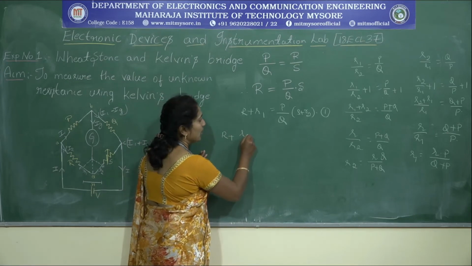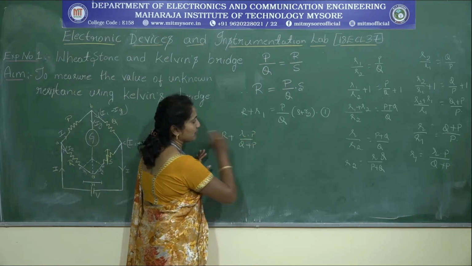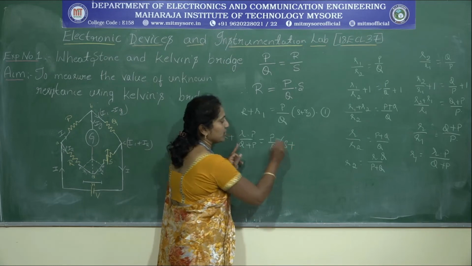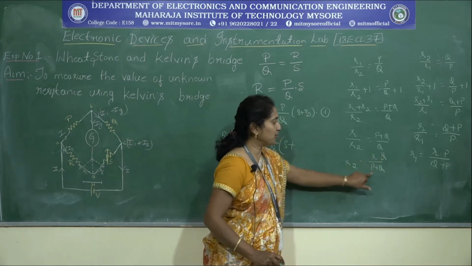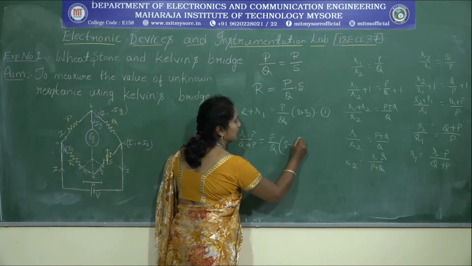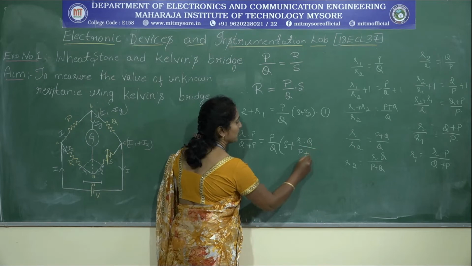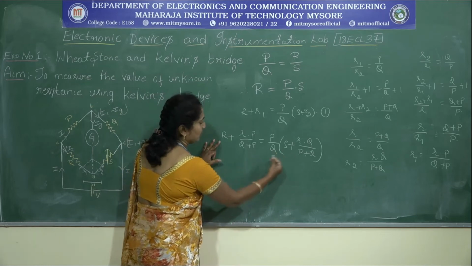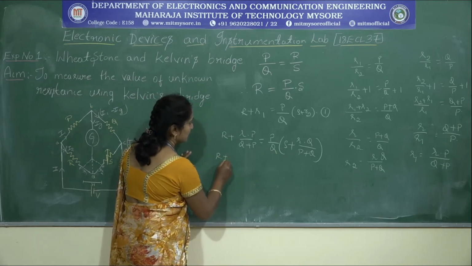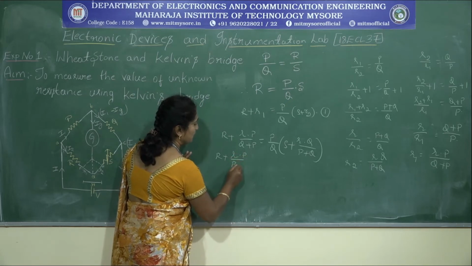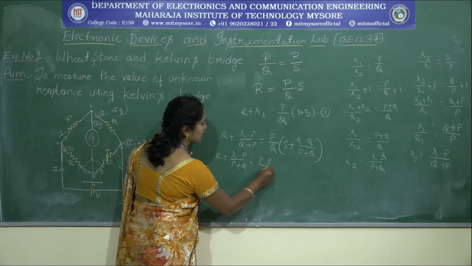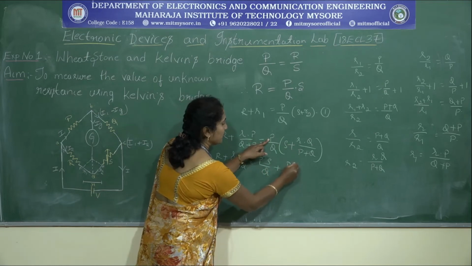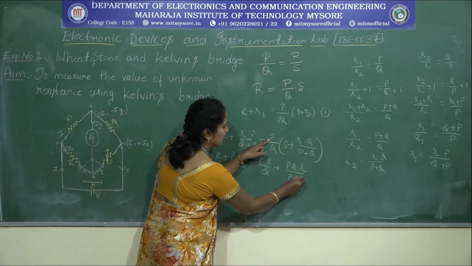R1 is equal to R into P divided by Q plus P, and R2 is equal to R into Q divided by P plus Q. Now, removing the brackets, R plus R into P divided by P plus Q is equal to P by Q into S plus P into Q into R divided by P plus Q.